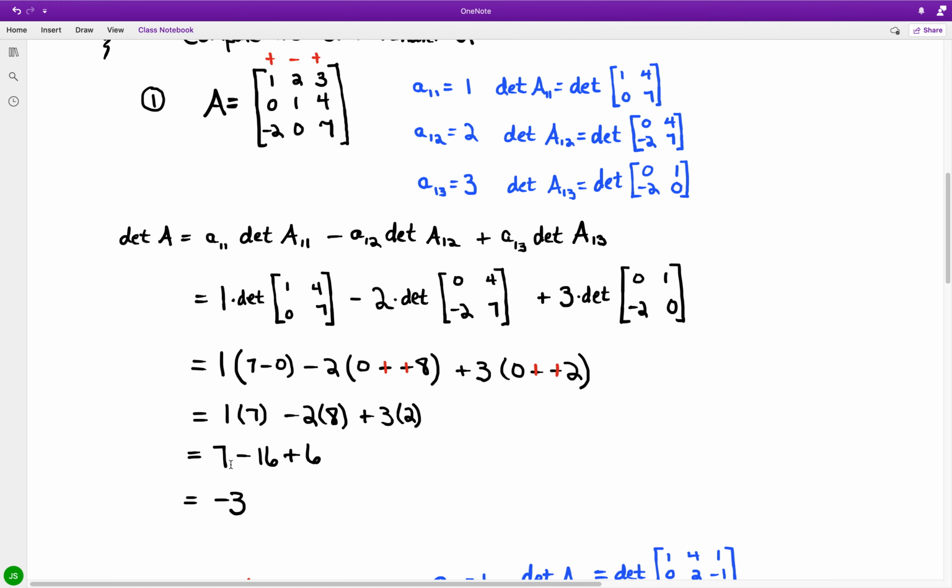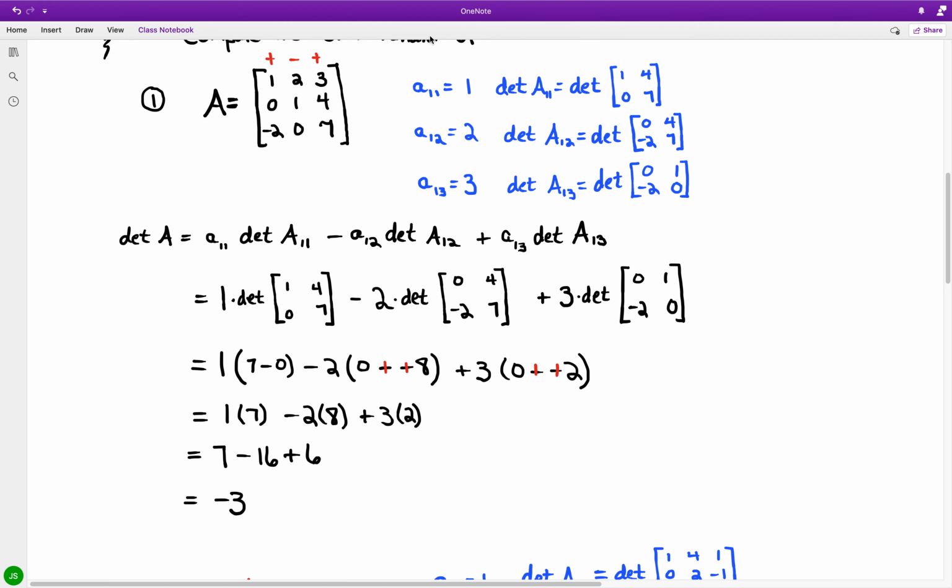Combining, we have 7 minus 16 plus 6, and the overall determinant of A ends up at negative 3.